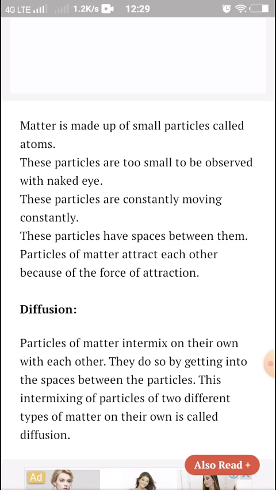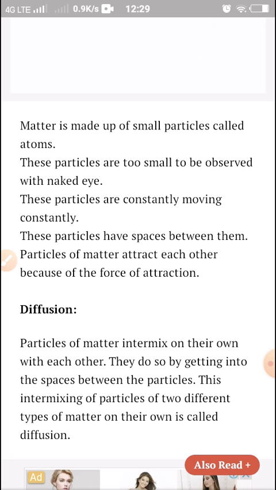Next one is diffusion. So what is diffusion basically? Particles of matter intermix on their own with each other. They do so by moving into the spaces between the particles. Like they're mixing with each other.